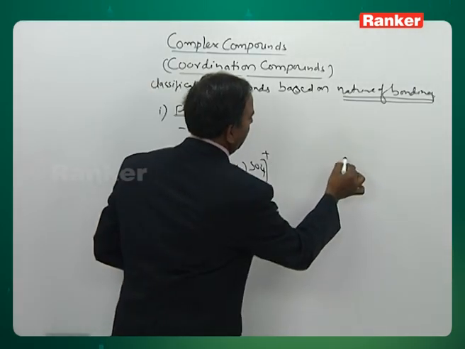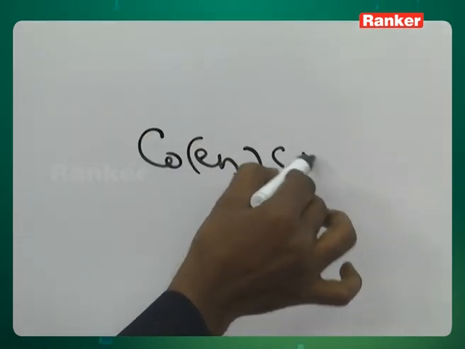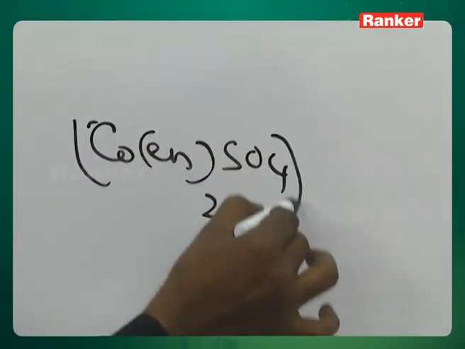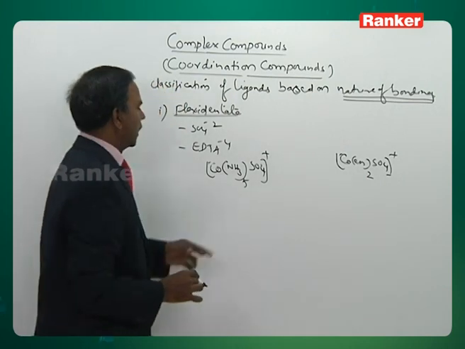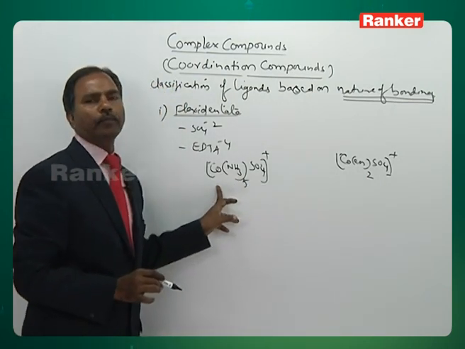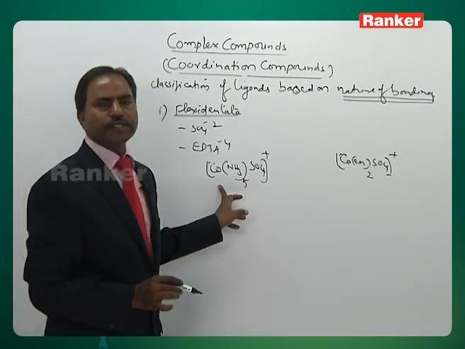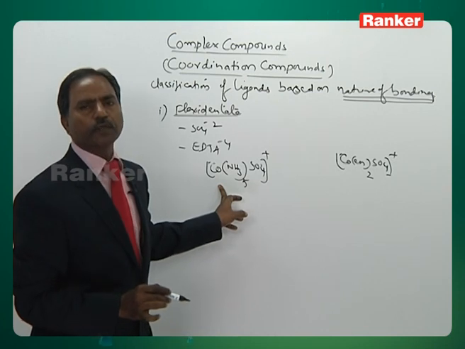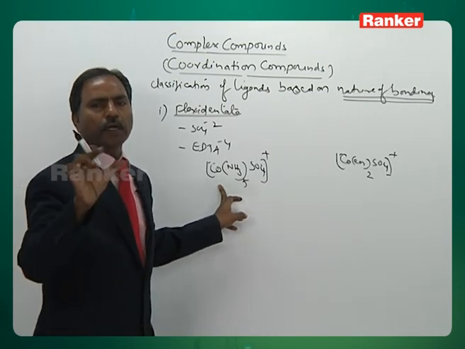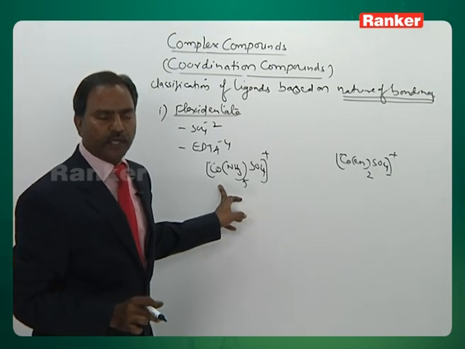One more complex I am writing on the board, Co(en)2 with SO4, again plus 1. In both of these complexes, Co has the +3 oxidation number. With the +3 oxidation number, Co can form a total of 6 bonds around it. The maximum coordination number of cobalt +3 ion is 6.